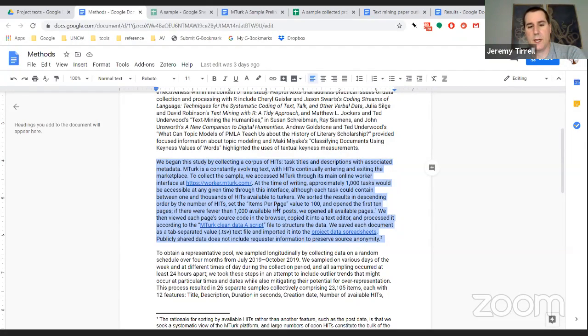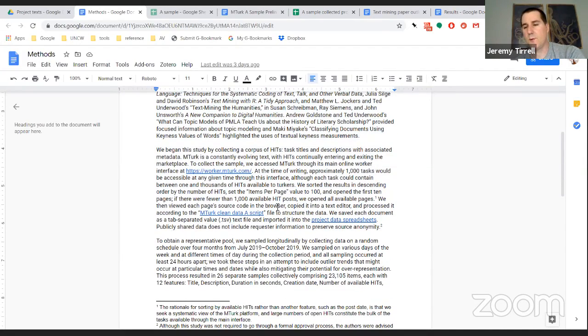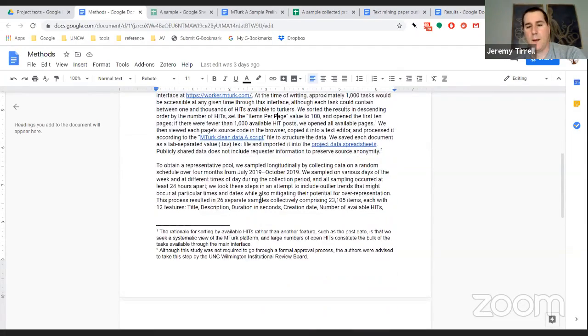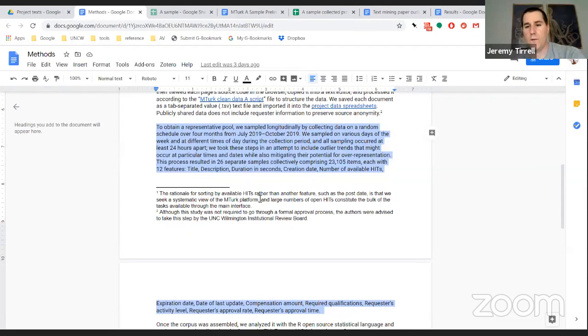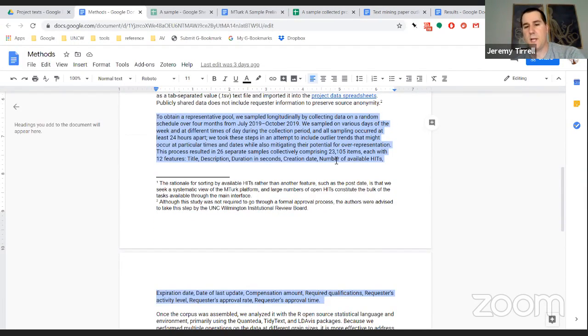So this section here is how we collected it. We went to worker@mturk.com, and collected the samples there, sorted by number of available hits, and used this cleaning script. This next section talks about doing it longitudinally over a certain number of months, which gave us over 23,000 individual items, right? Each with these 12 features.